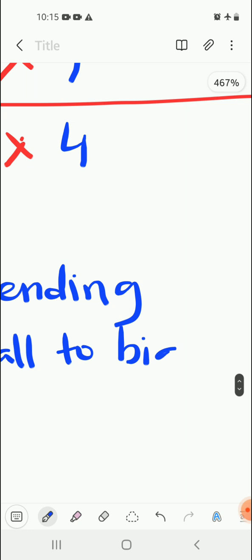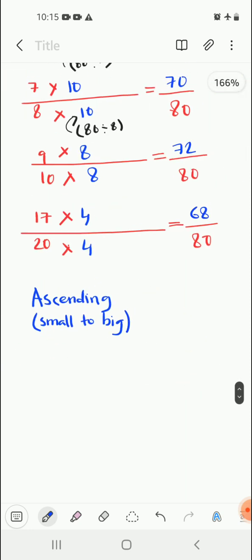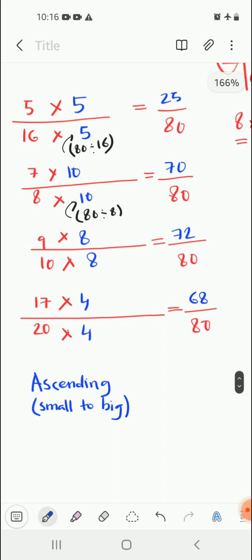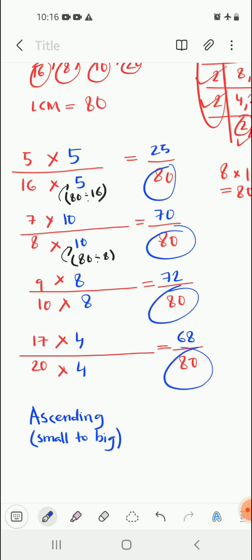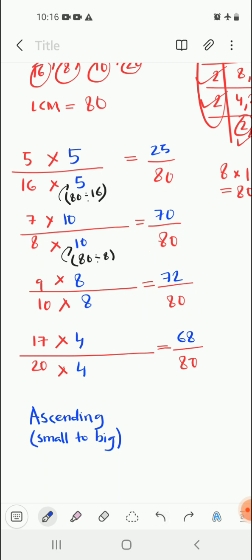In case we have to arrange these fractions in ascending order, it will be smaller to bigger. Over here, all the places we have got 80 in the denominator. So these are all like fractions. Now we only need to see the numerator and accordingly make the decision. So in like fractions, our decision making depends on the numerator.